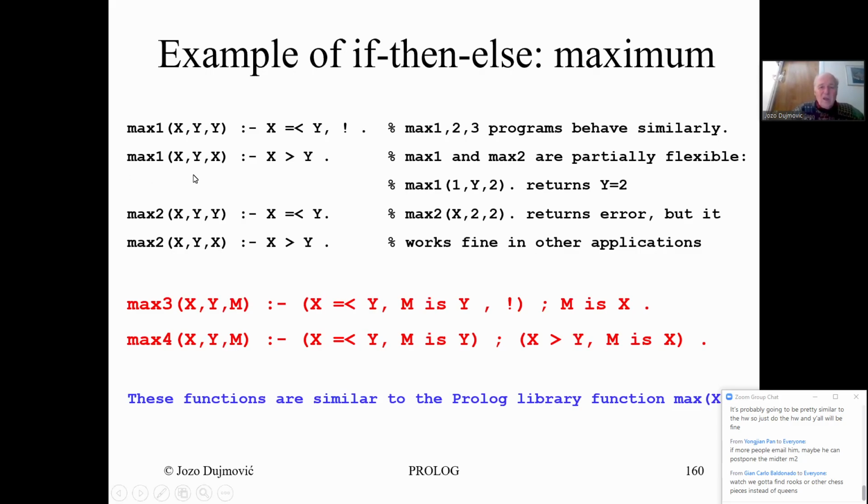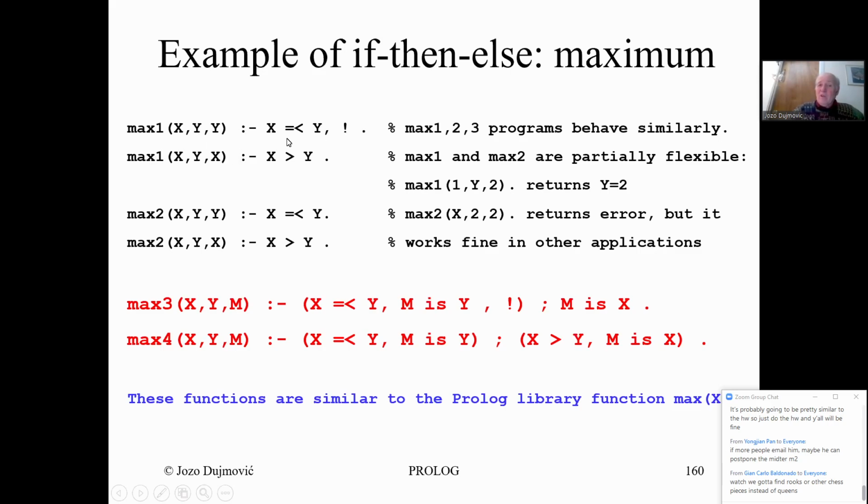Not very exciting, I must say, but here we go. We have max1, which has X and Y, and this maximum of X and Y will be Y if Y is greater than or equal to X. And then you cut this program. So when you create these results, there is nothing more that can be done, and you go out.